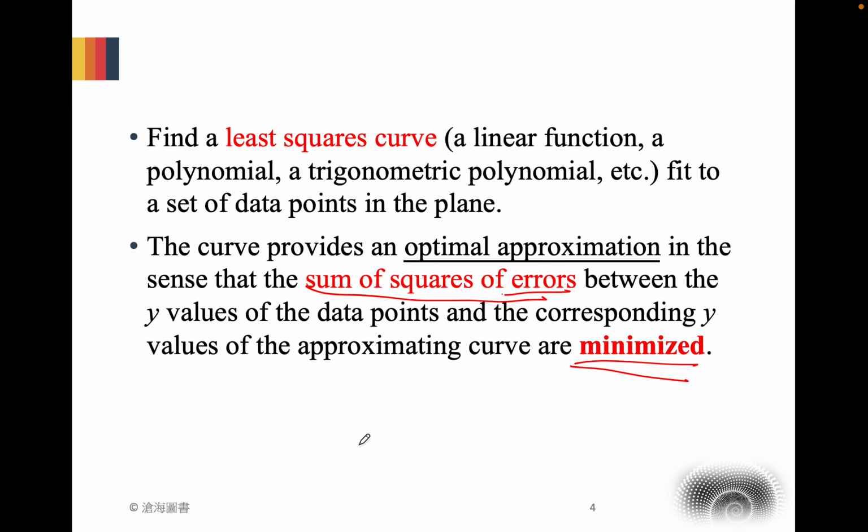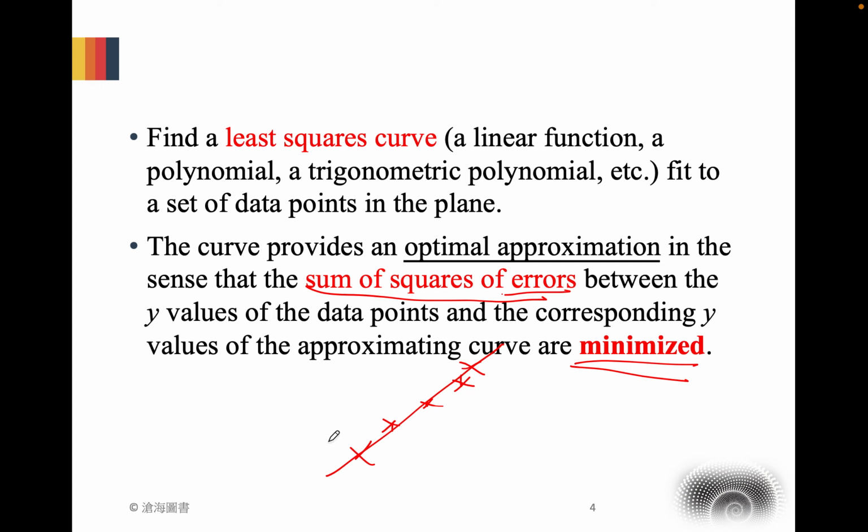For example, we have data points like this, and if we want to find a straight line to fit the trend of these data points, we may find this straight line. And based on this straight line, we can see there are some errors here. This is error, this is error.